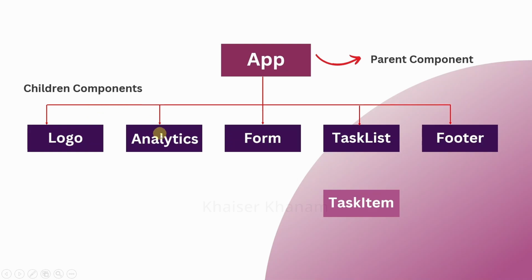And this logo, analytics, form, task list and footer, they are called sibling components. You can also tell components are siblings when they are placed at the same level. So all these components are at the same level, so those are called sibling components.